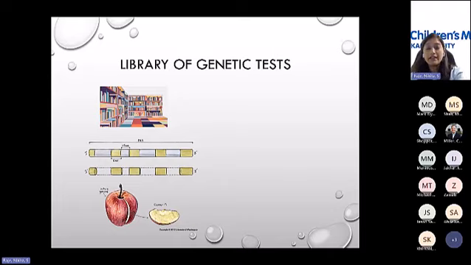When you are ordering a full exome, that's still only 1% of your overall genome. The reason we end up ordering exome sometimes is that most of the disease-causing genes are in that 1% of the exome. What does exome mean?